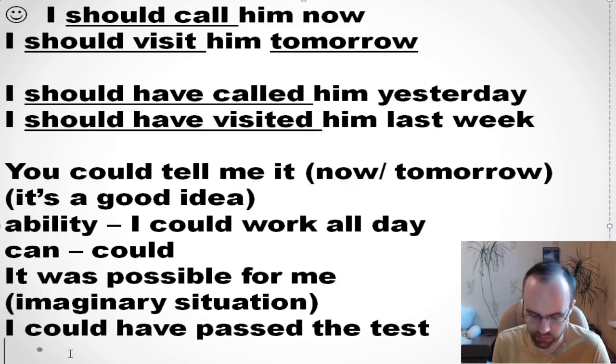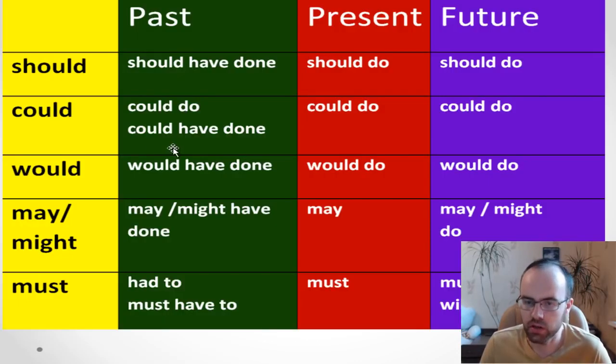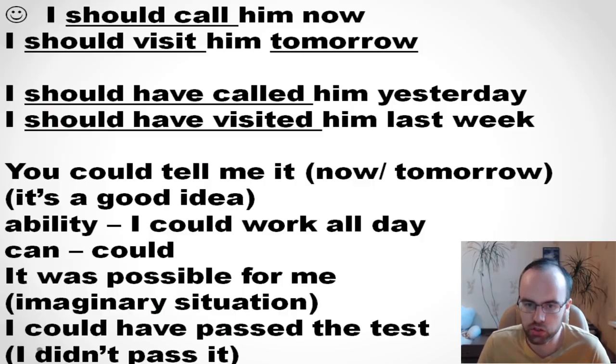In fact, I didn't pass it. Or in other words, I failed it. So we use this structure for something which happened and we regret it. So we feel sorry, or we feel pity, but maybe we want to change this situation.